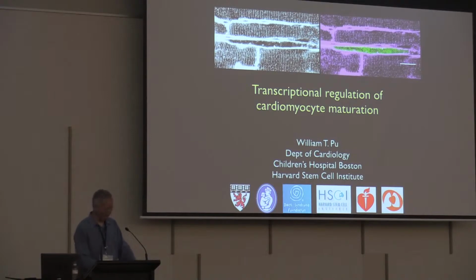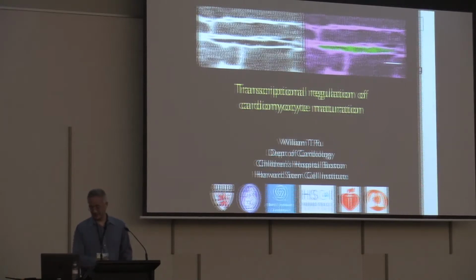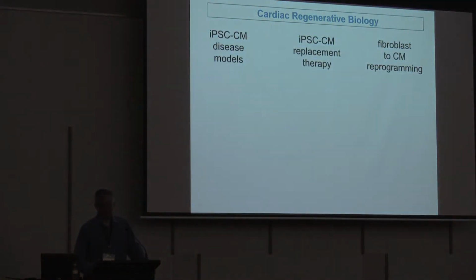I am going to focus this talk on the transcriptional regulation of cardiomyocyte maturation. We've already heard many times how myocyte maturation is a key issue now in regenerative biology.